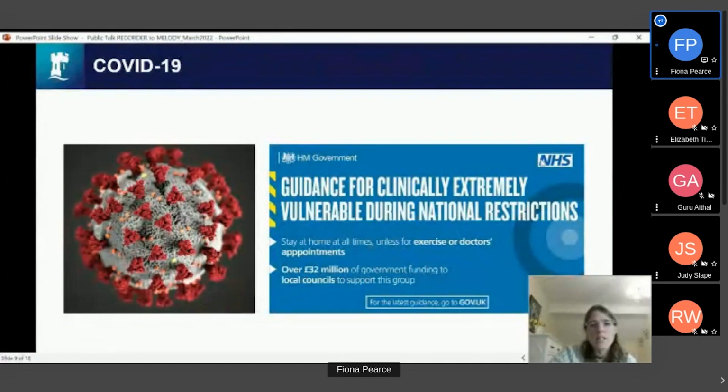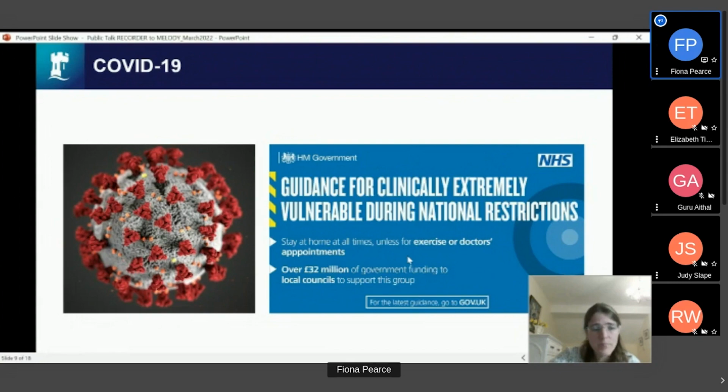As you can see on the right here, the guidance for clinically extremely vulnerable people came out very early in the pandemic, at Easter 2020, and people were advised to stay in their own homes and not leave under almost any circumstances other than to go to their own health appointments, because of concern that people with suppressed immune systems would be at increased risk from COVID.